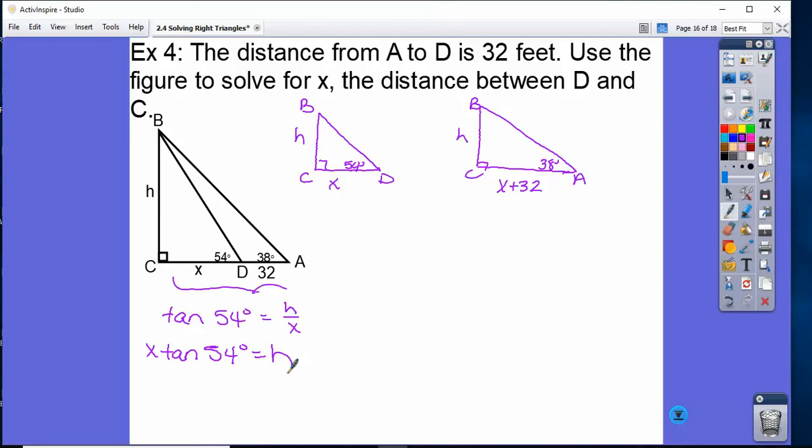Let's go to the second triangle. What could you say from there? Tangent of 38 degrees equals opposite over adjacent, H over X plus 32.